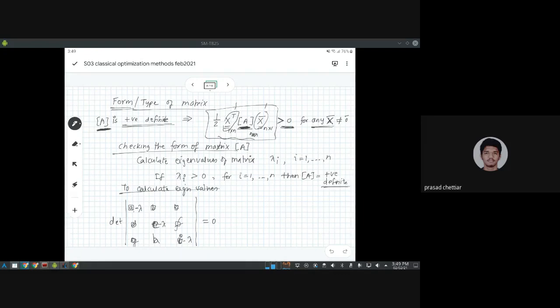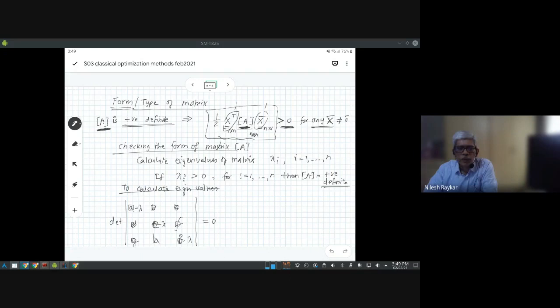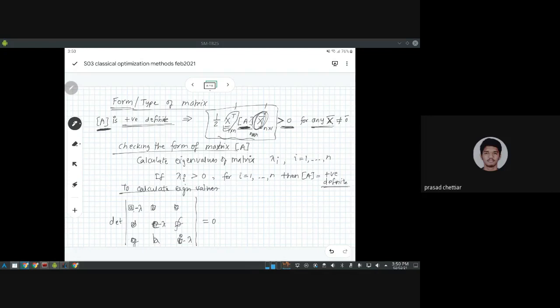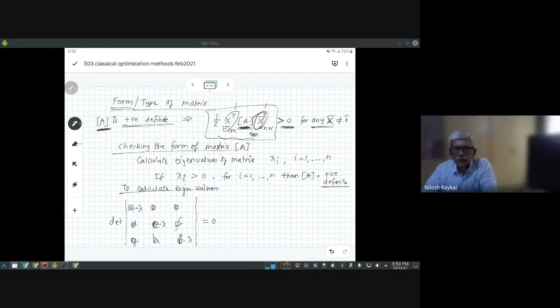No, but you have to prove that for any such random vector, it should remain positive. So how many vectors will you take? If you go by this route, you have to consider some vectors. Not only one single vector. For any random vector, this product must become positive.